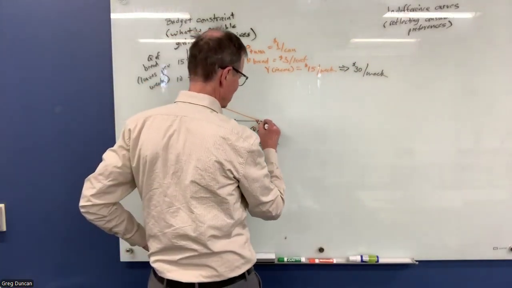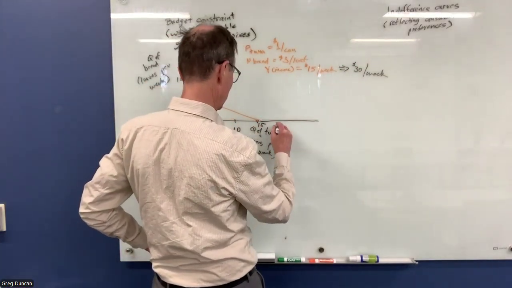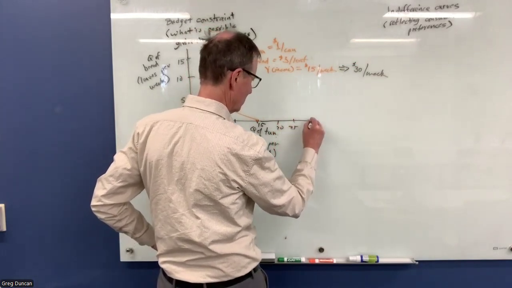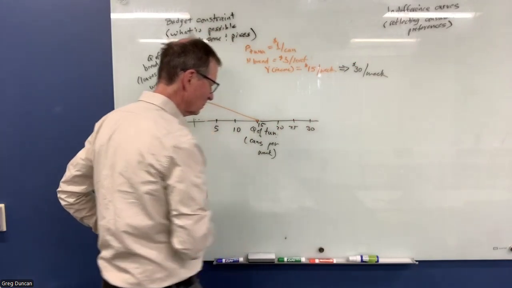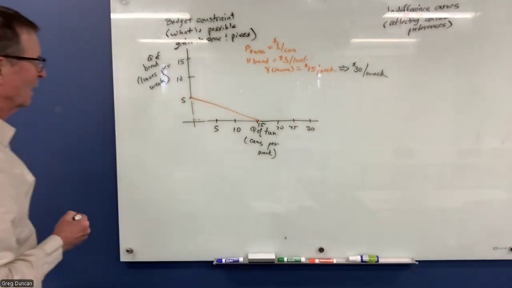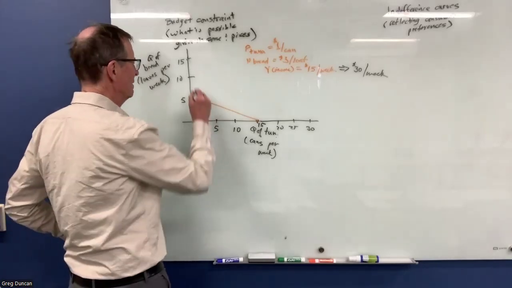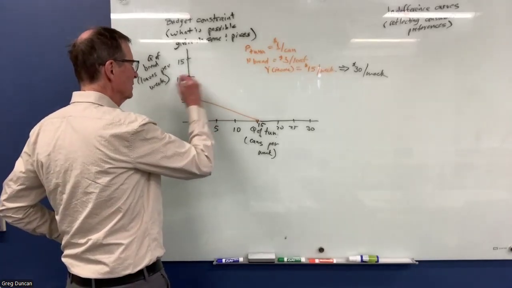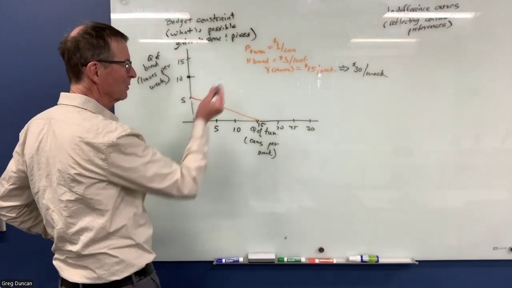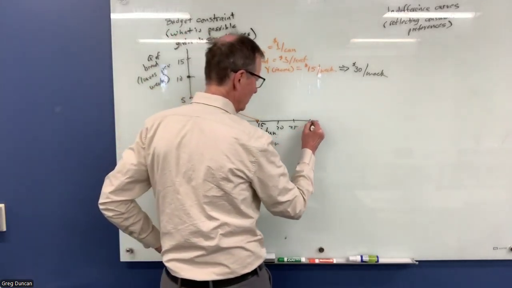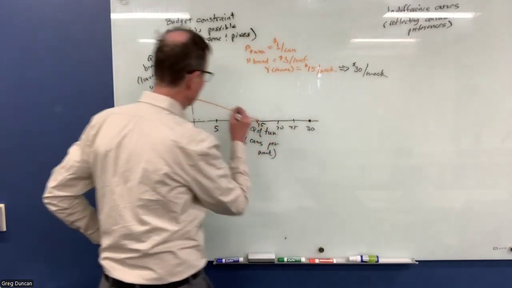I'm going to keep going out here. 20, 25, 30. And it's going to double the amount of bread that we can purchase. All right, so we could get 10 loaves with our $30 if the price stays at $3. And 30 cans of tuna if the price stays at $1 a can.